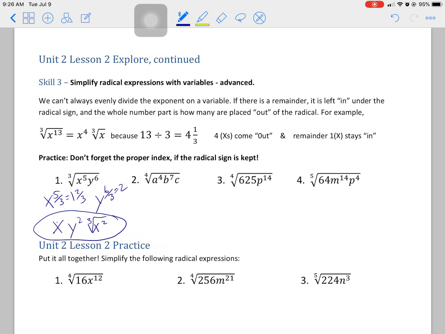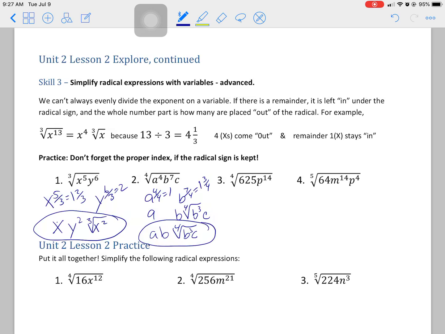Very important. Okay. A to the 4th divided by 4 is 1. That's just an A. B to the 7th divided by 4, it only goes 1 with 3 left over. So that's B coming out. And then the 4th root of B to the 3rd. And then C just comes along. So my final answer is A, B, 4th root of B cubed, C.